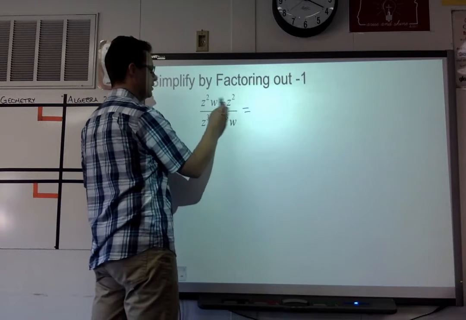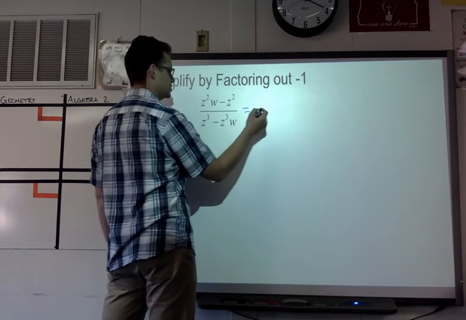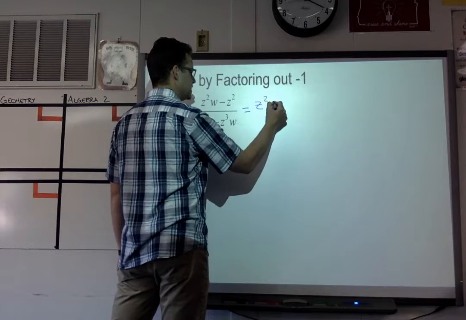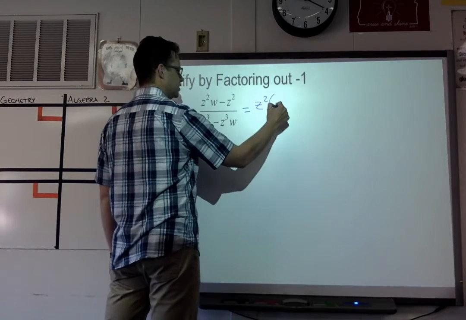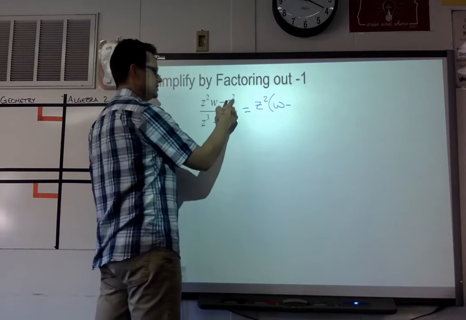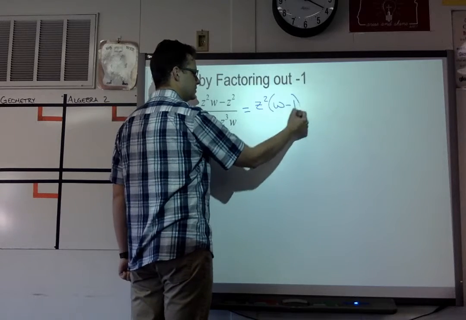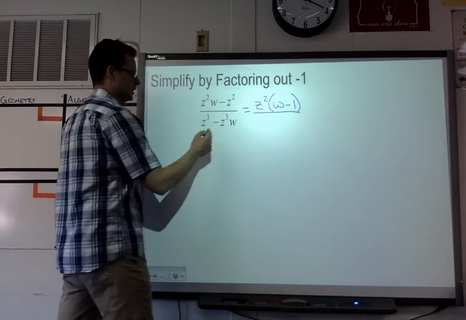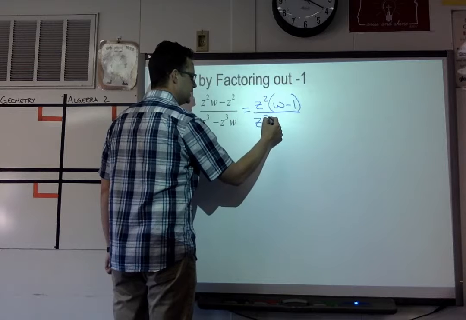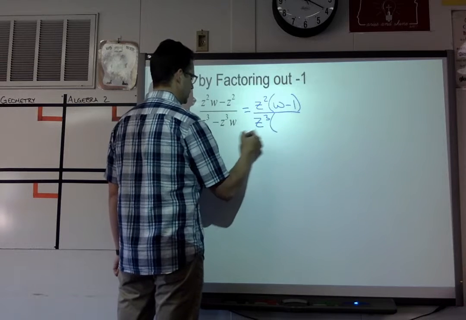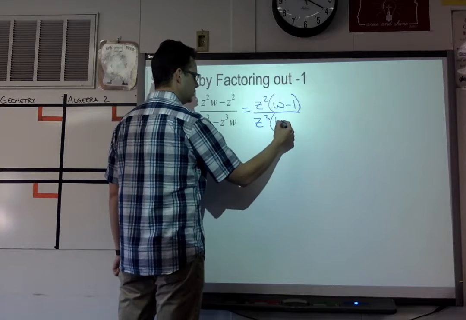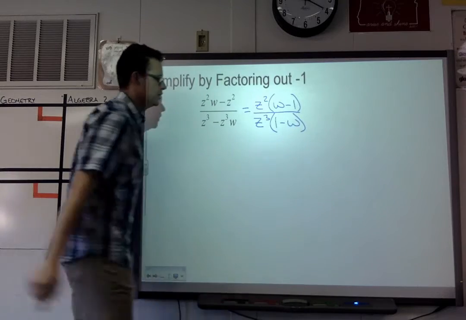In my numerator, I can take a z squared out of each term. So if I take out that z squared, I'm left with w minus z squared divided by z squared gives me 1. In my denominator, I can take out z cubed, and I'm left with 1 minus w.